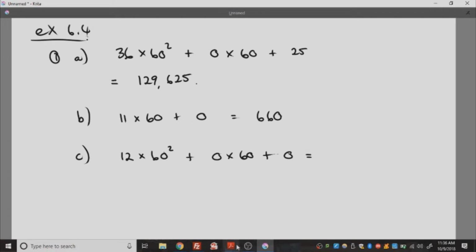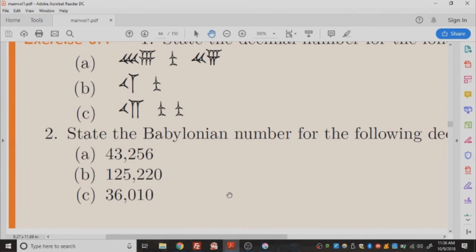If I have these empty spaces, it's 0, so it makes the calculation easier. 43,200. All right. Piece of cake. The other conversion, perhaps a little more complicated. Not too much.